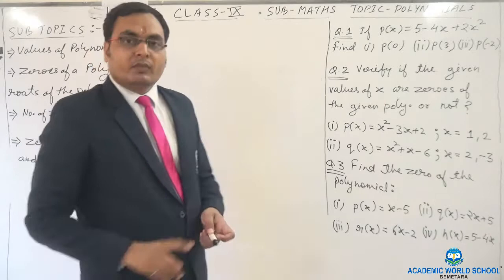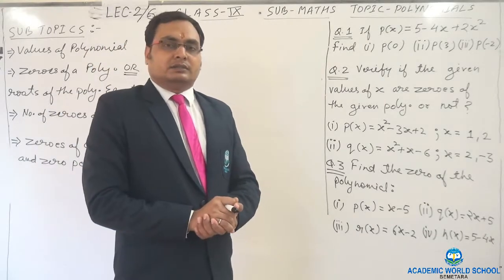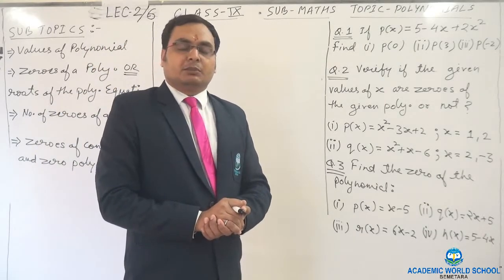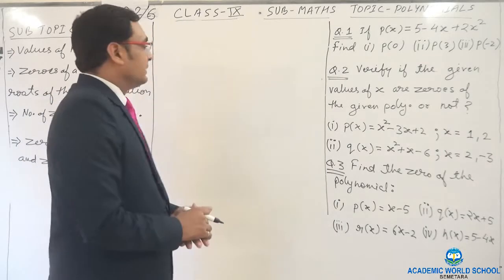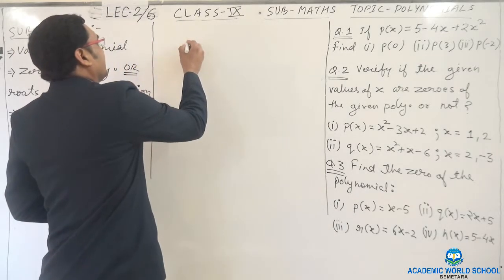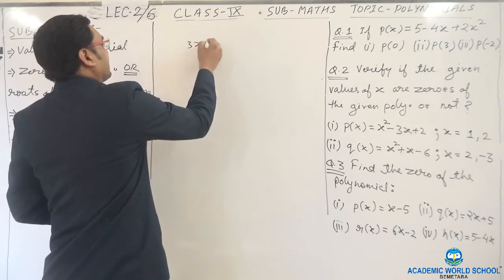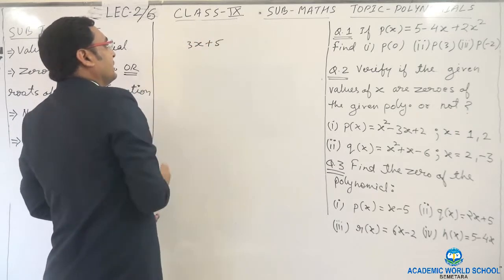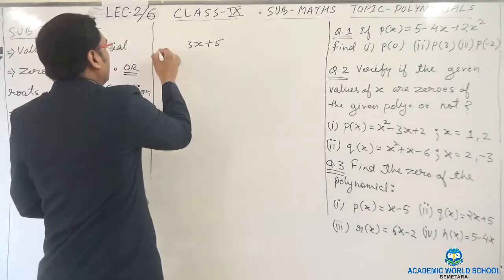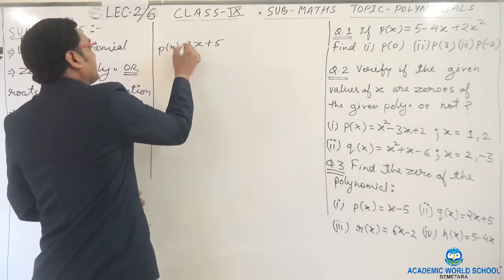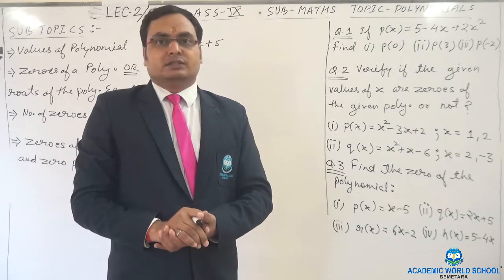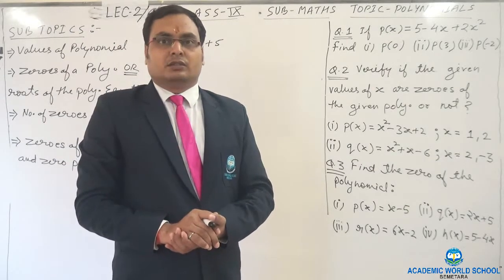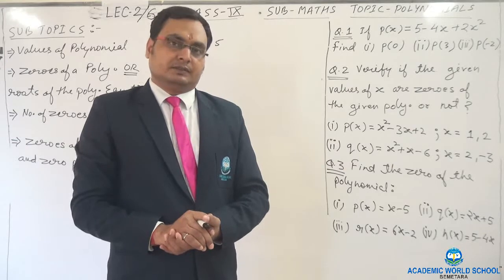Now, the constant polynomial does not have any zero. If we talk about a linear polynomial, its degree is 1, for example 3x plus 5. The degree of the linear polynomial is 1, so it has only one zero, not less than 1, not more than 1.